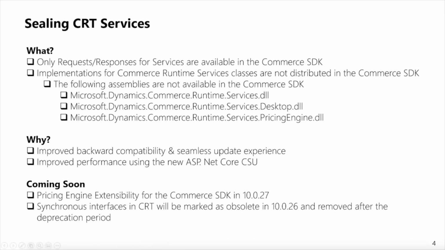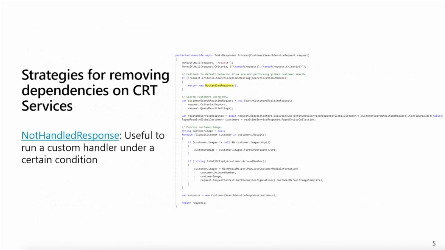So going forward, we're going to jump into some strategies to address these migration challenges, starting with the not handled response. The not handled response works by having the request handler return a response that is of type not handled response, which signifies to the CRT runtime that the request handler did not process the request, and the runtime will then execute the next handler that's registered for that request type.